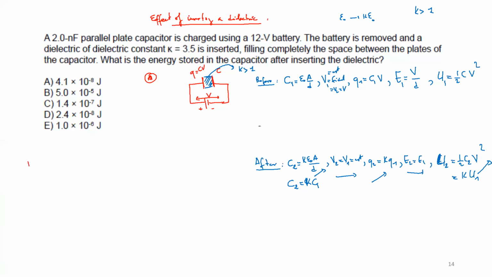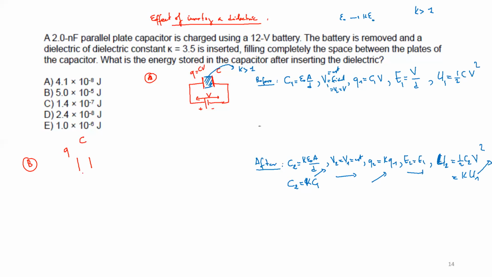So case number 2, let me write it down here. Now we insert a dielectric in my charged capacitor, which is fully charged, by the way, but there is no battery now. So this is my capacitor. It has a charge Q, fully charged.